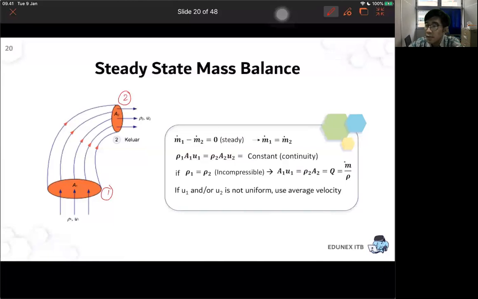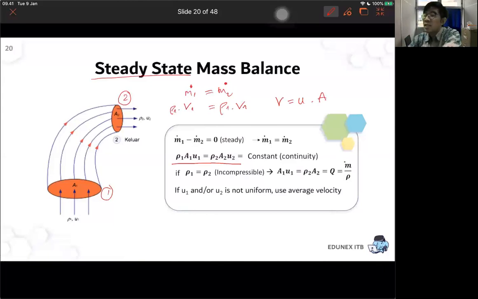That's why M1 equals M2 for the steady state. Steady state mass balance without reaction. Mass is density times volume, and then volume equals velocity times cross-sectional area. That's why you have this one.